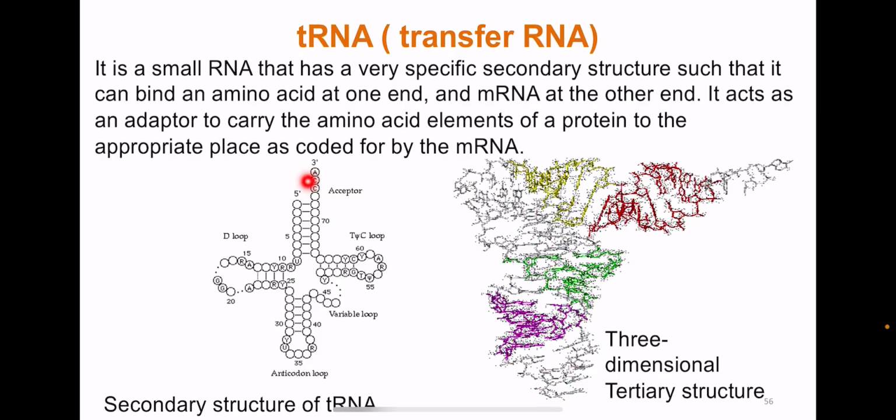So the acceptor site accepts the amino acid based on the anticodon sequence. Then it takes the amino acid and transfers it to the ribosome, where it uses the anticodon to read the codon and release the amino acid.